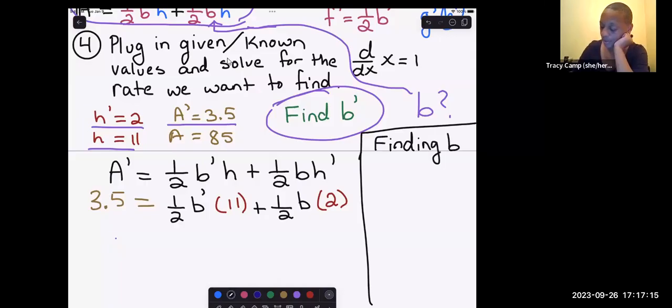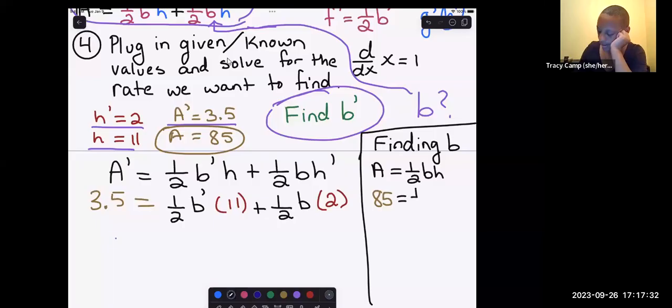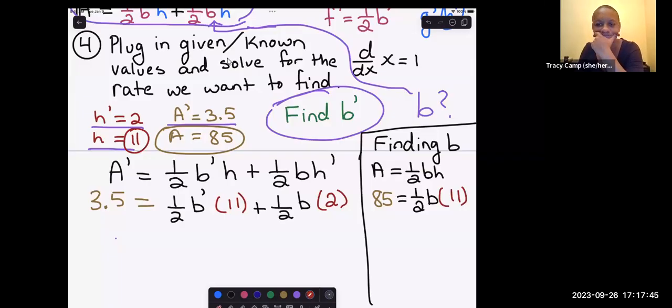Again, I'm going to be using this area of a triangle formula, A equals 1/2 base times height. And I'll use what they give us, that the area at this moment is 85. I don't know what B is, but they do give us that the height is 11. So using that, I can find out what B is. To find B, let's multiply both sides by 2 to get rid of the fraction.